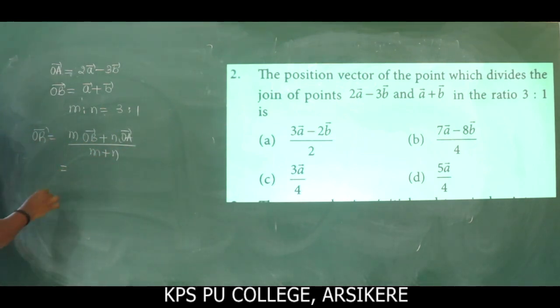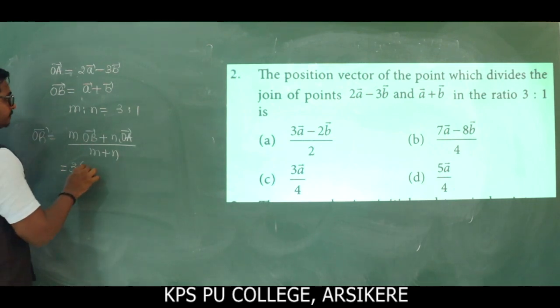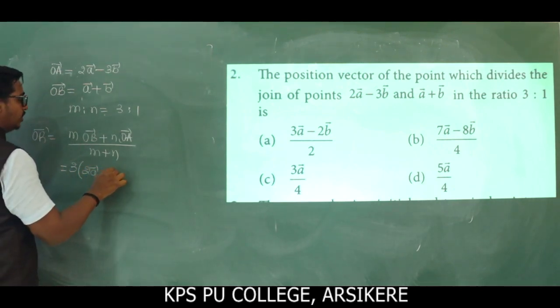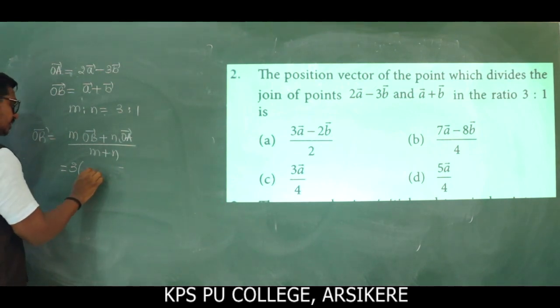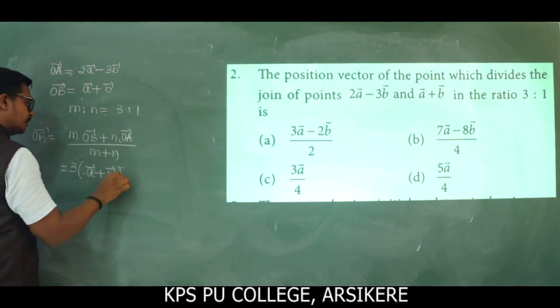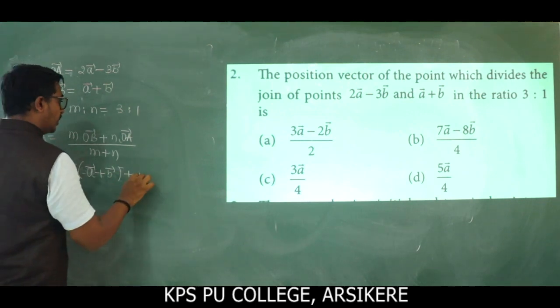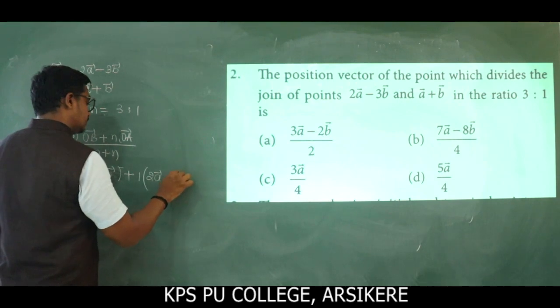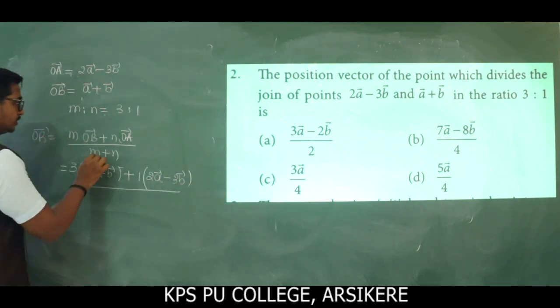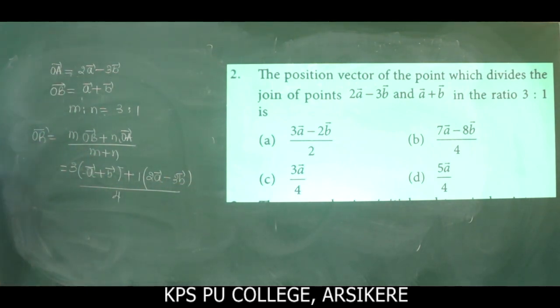M is here 3, so this becomes 3 times OB, which is vector A plus vector B, plus n is 1 times 2A minus 3B, divided by 3 plus 1, which is 4.